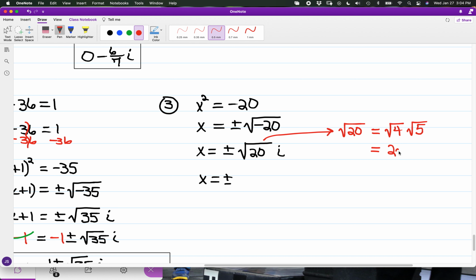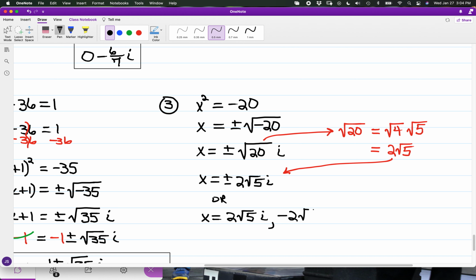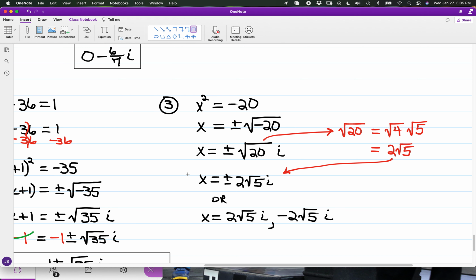The square root of 4 is 2, and we have times the square root of 5. So in compact notation, x is equal to plus or minus 2 times the square root of 5 times i. Drawing separately, x equals 2 times the square root of 5 times i, and also x equals the negative of 2 times the square root of 5 times i.